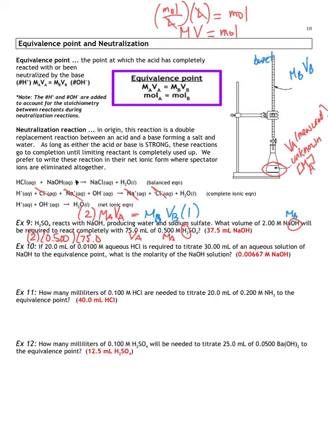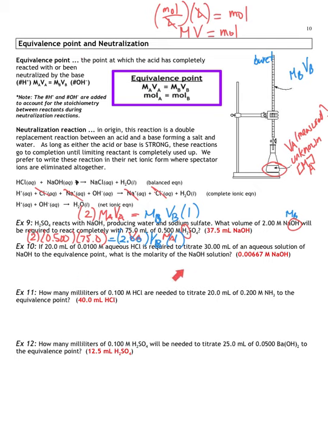I'm not going to put units in here. Equals, and I'm going to do that in blue for this particular problem. The MB is 2.00 times VB and times 1, which we know is the same number. So you're solving for VB, and you should end up with 37.5 milliliters of sodium hydroxide.